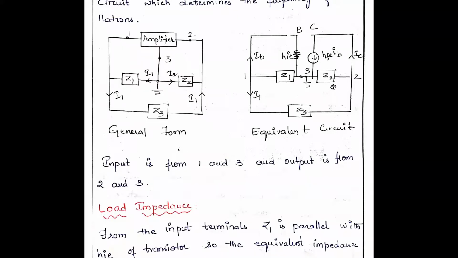The current in the anti-clockwise direction is minus I1. The impedances we are encountering are Z3 and Z dash. So the output voltage will be minus I1 multiplied by Z3 plus Z dash.